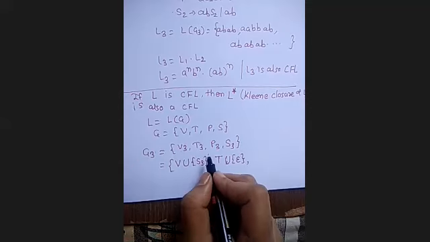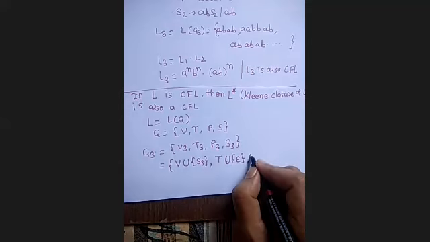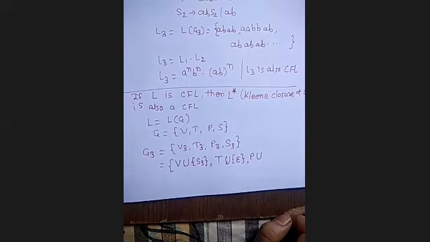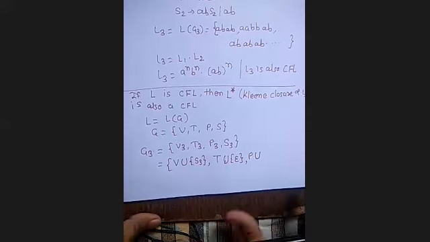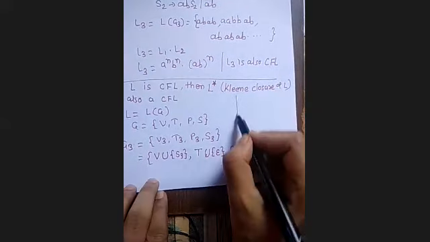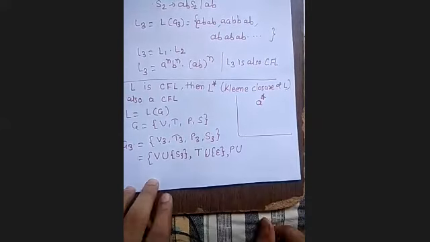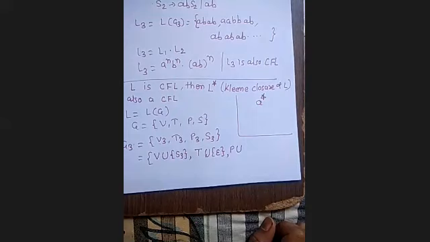Then P3 is what? P union. Here, which two productions do we have to add for the closure? Can anybody tell me? See, here I am considering A closure. What is the language generated here for the A closure?